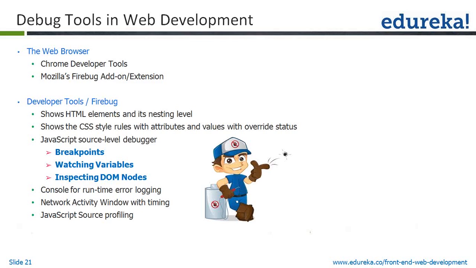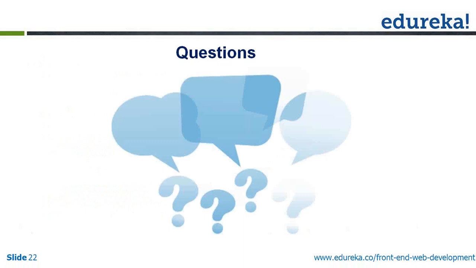You can inspect the DOM node corresponding to an HTML element inside the developer tools or Firebug. Sometimes you can use the console for reporting any runtime errors. There are other tabs where you can check the network activity, and you can do source level profiling on the JavaScript as well.